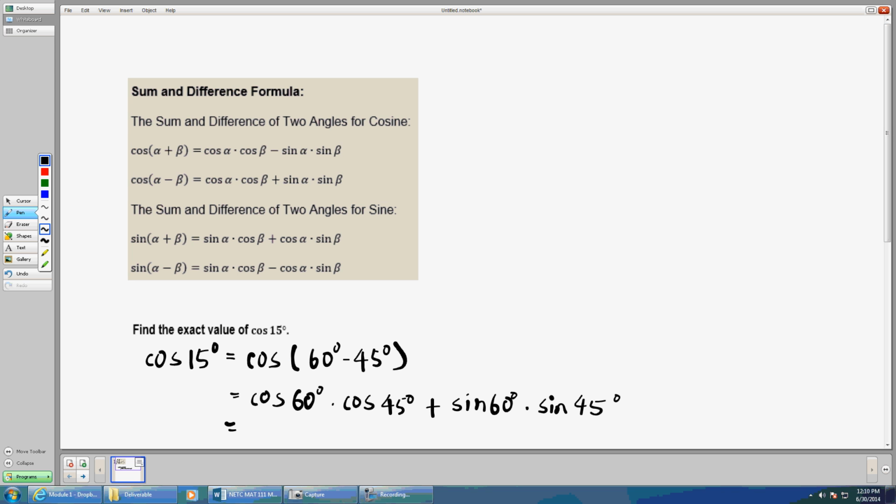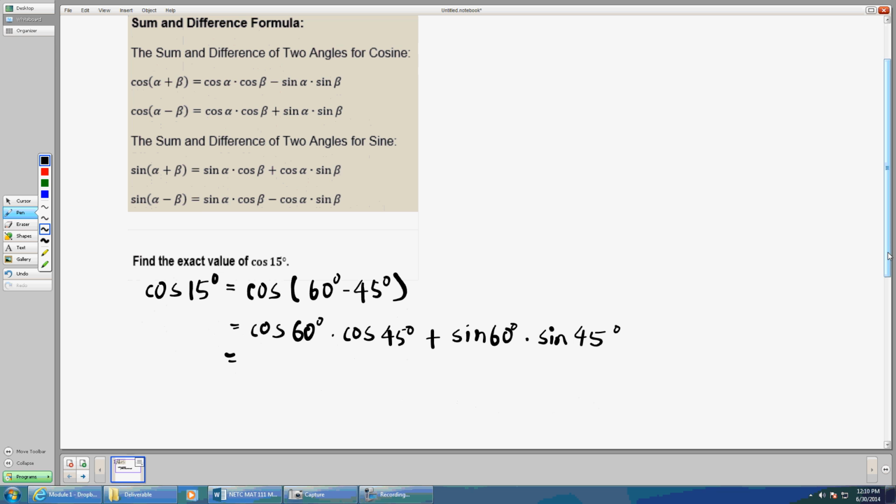If you can recall, on the unit circle, cosine of 60 degrees is half, times cosine of 45 degrees. Cosine of 45 degrees on the unit circle will be square root of 2 over 2, plus the sine of 60 degrees is square root of 3 over 2, times sine of 45 degrees, which is also square root of 2 over 2.